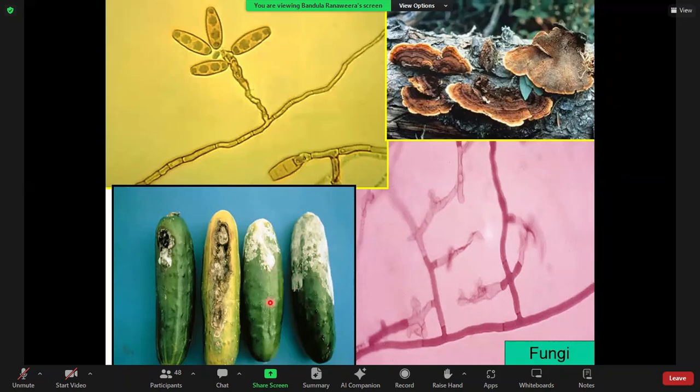Here the gherkin fruits: initially the patch will be a water-soaked patch and then covered by a whitish mycelium or powder-like layer. Then later it will turn dark brown or black in color.